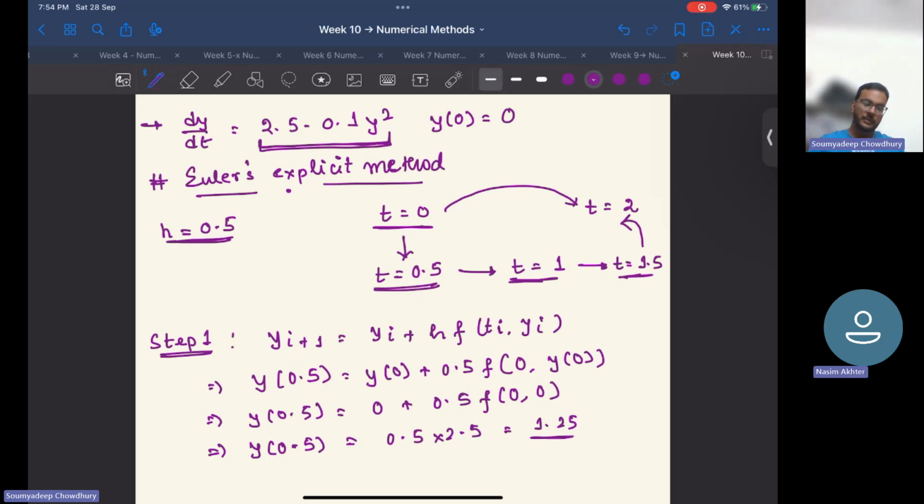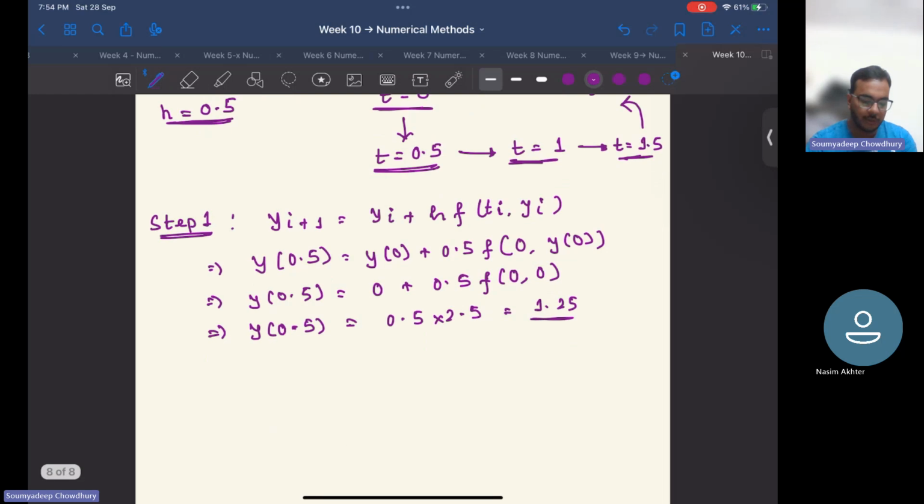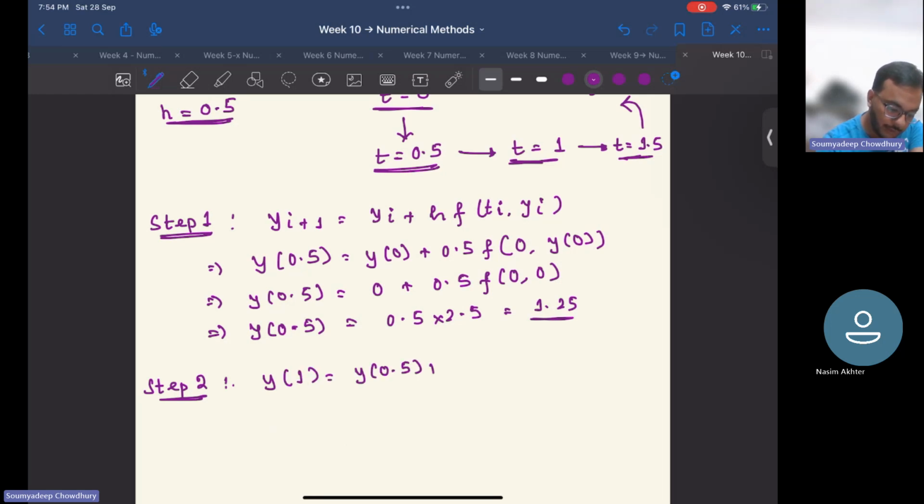Yeah, understood. Right? So next step, can you tell me what we will do? It will be y of 1, right? So it will be y of 0.5 plus h into f of 0.5, y of 0.5.